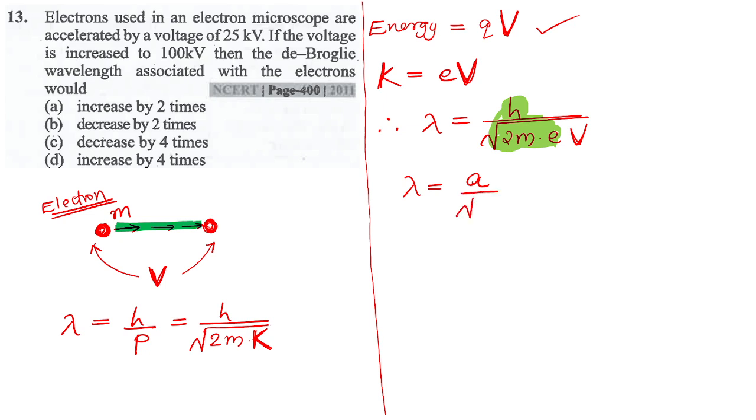So lambda equals A by root V, where A is this highlighted constant.